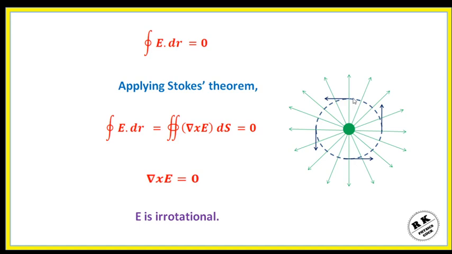If we take a path such that it is at a distance of r in all directions, that is a circular path, and the particle is moving, it will always be at a constant distance from the center, that is the charge. So the same force will act on the particle in this trajectory.